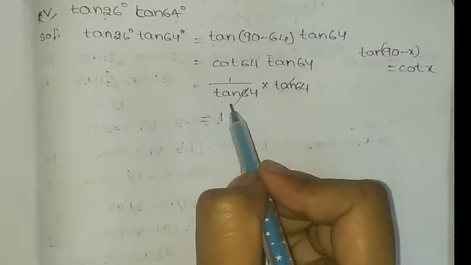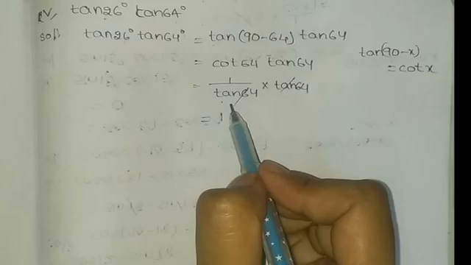In second Roman, show that tan 48 tan 16 tan 42 tan 74 is equal to 1. Now let us take the LHS side. LHS is tan 48 tan 16 tan 42 tan 74.